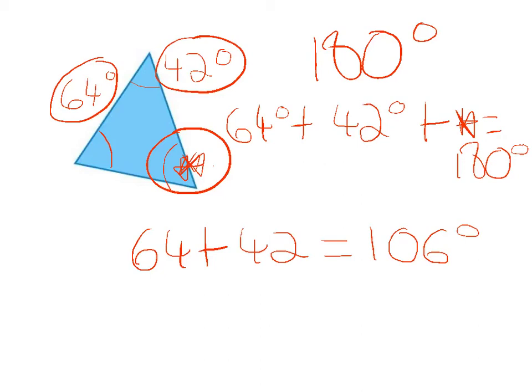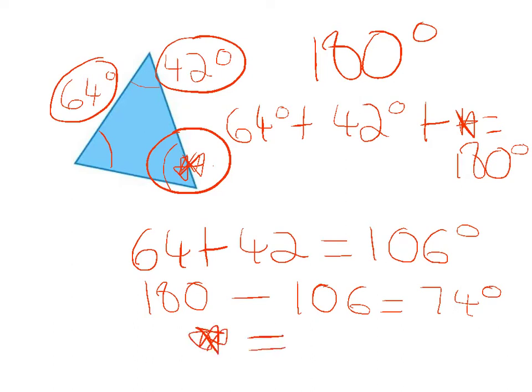Then to calculate star, we go 180 minus 106, which is equal to 74 degrees. So star is equal to 74 degrees.